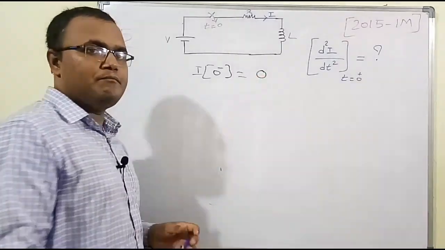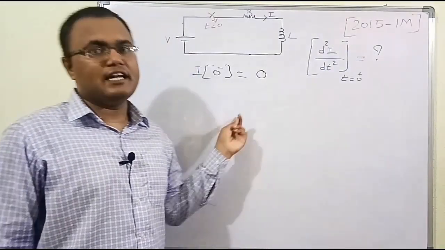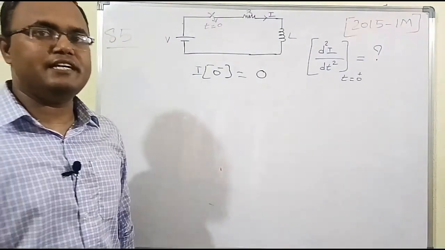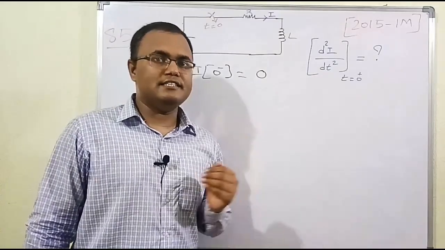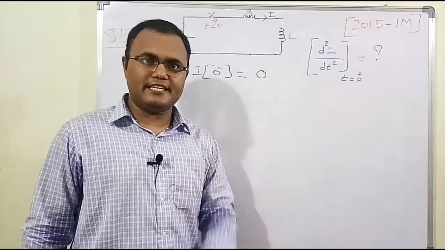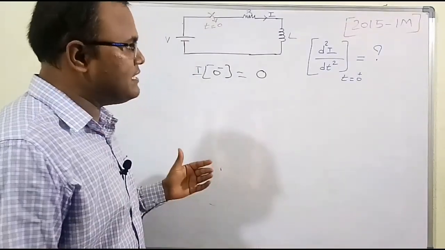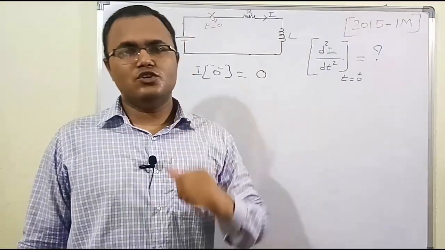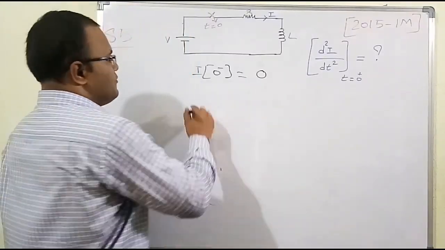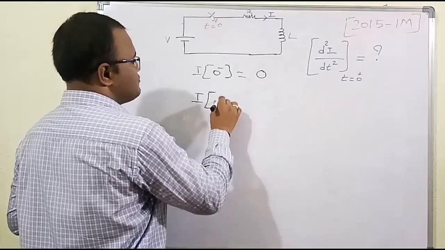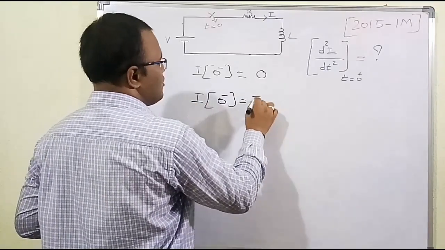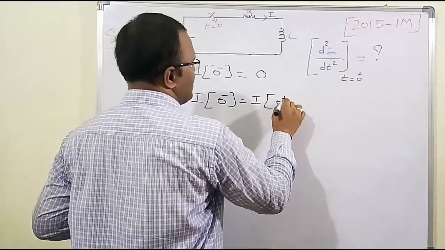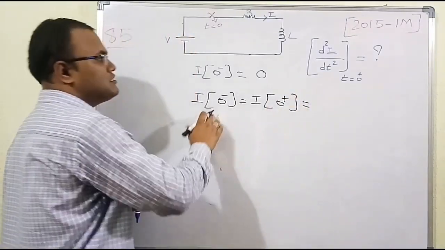What we already know is that the current in the inductor does not change instantaneously. Therefore the current in the inductor increases slowly. So in the inductor I of 0 minus is equal to I of 0 plus. But they already gave in the question that I of 0 minus is equal to 0.